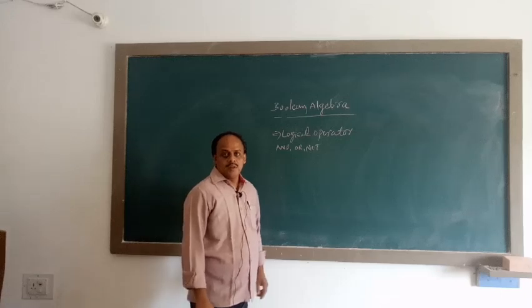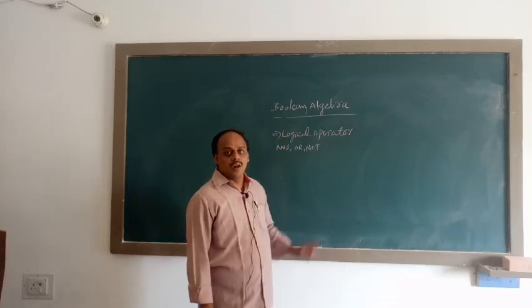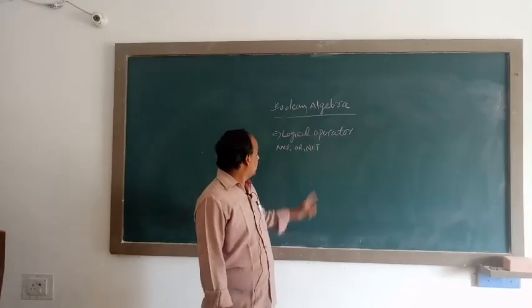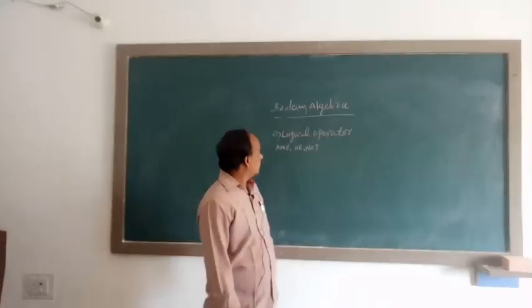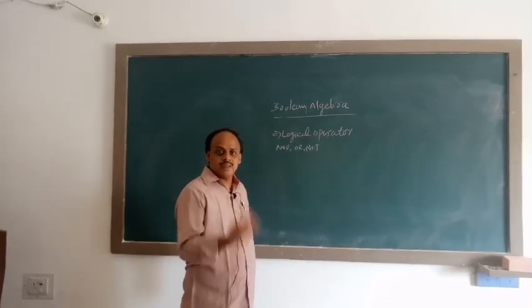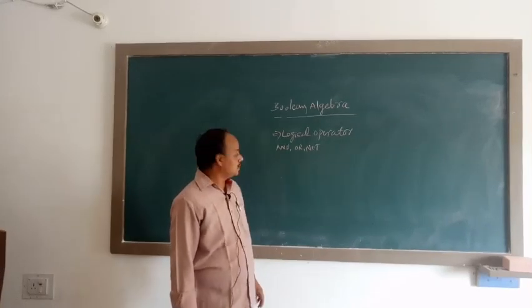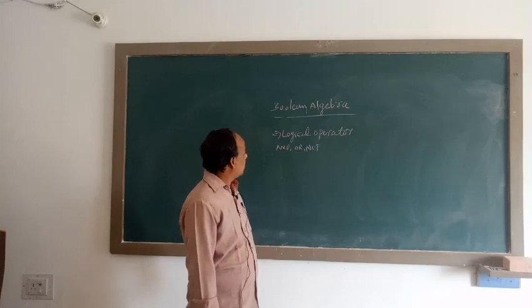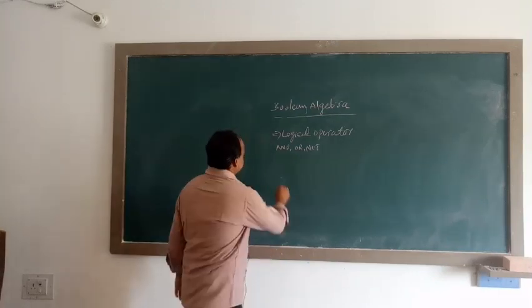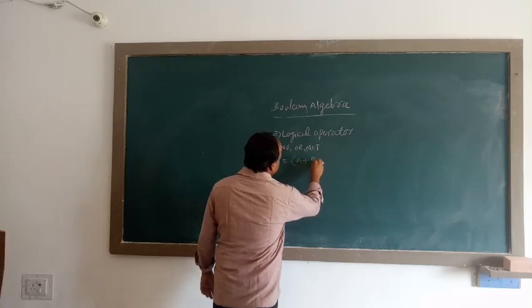When Boolean variables are combined with operators to perform logical operations, the operators are called logical operators. For example, y is equal to a plus b.